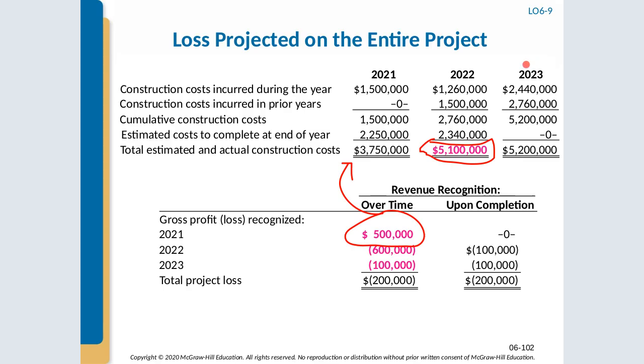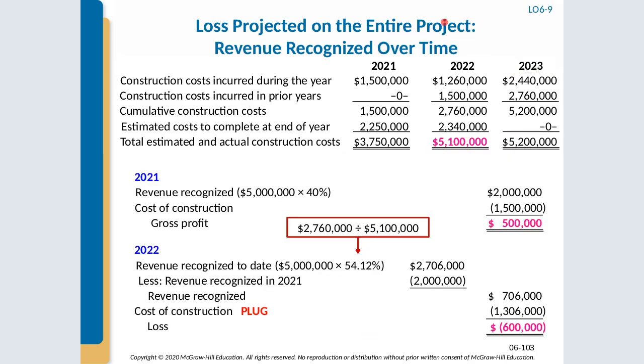And so you can see that 100%, right? It was 100%. You can see our total cost of 5.2. So it looks like we're now estimating a total overall loss for this project of 200,000. So after we're done crying, we are going to deal with the financial part of this. So you already have this from 2021.